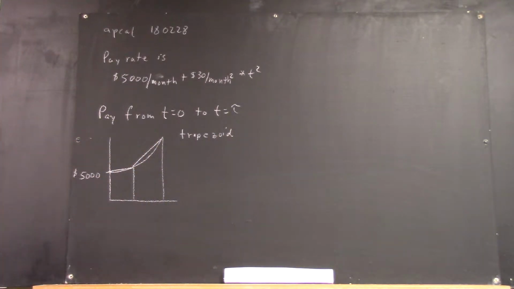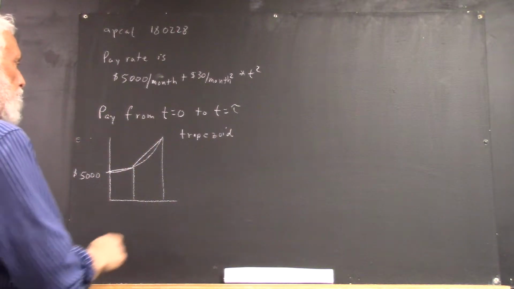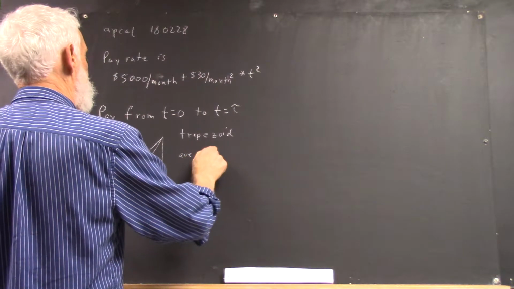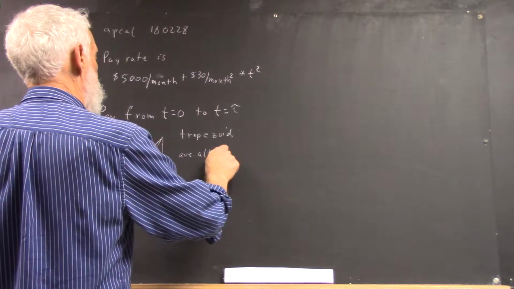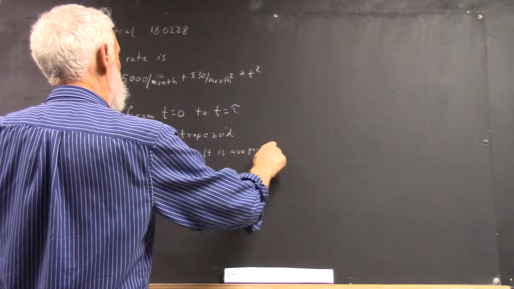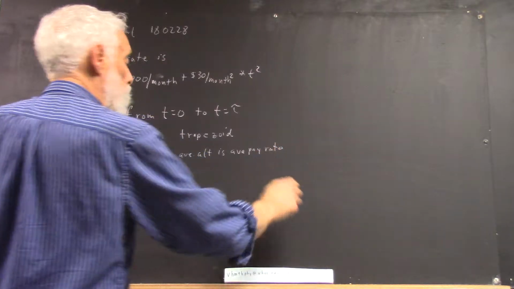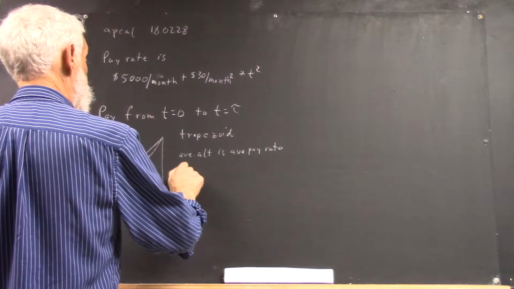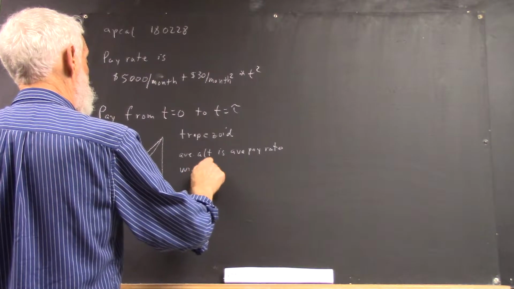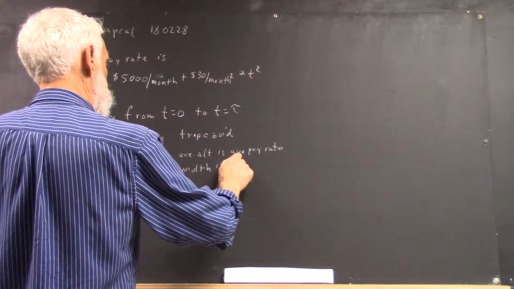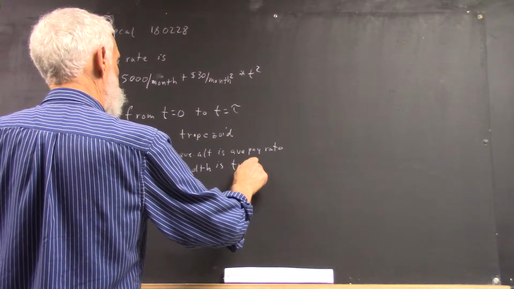But for a given trapezoid, what's the average altitude? It's the average pay rate, and that's going to be in dollars per month, right? With the width being your time interval.